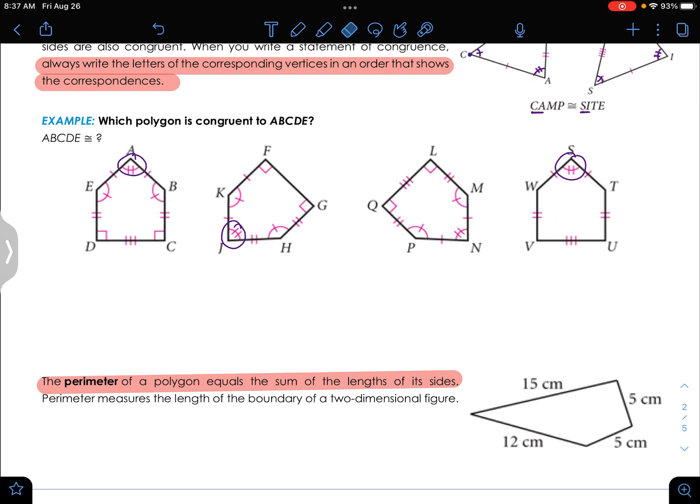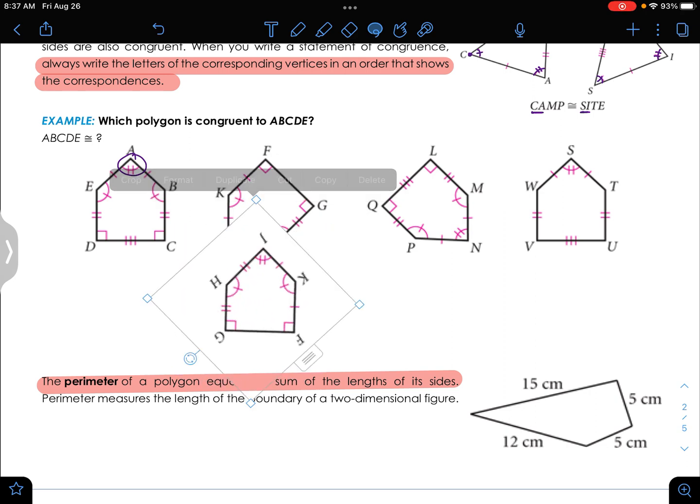And then if you look at this, you can kind of visualize that if we copied that and then just sort of rotated it a little bit, you'd be able to see that AE corresponds with JH.